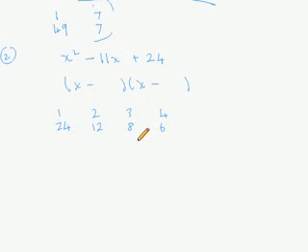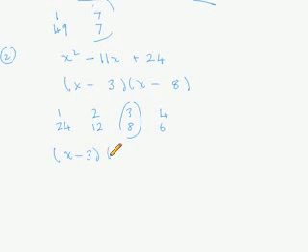But they must also add to give 11, and the only pair that adds to give 11 is 3 and 8. Once you end up with that, let's expand this out to see if we end up with what we had.